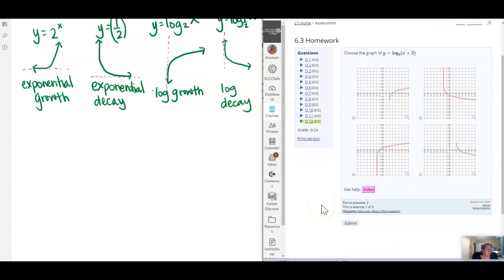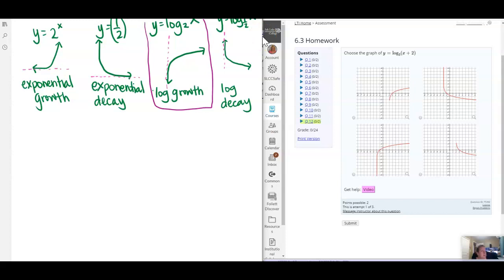Okay, so let's look at one like this, right? So notice the difference between what we have up here in this one. It looks kind of like this one here. It's log growth because I can see that the base of my log is a number bigger than 1, but I don't just have x to the side now.